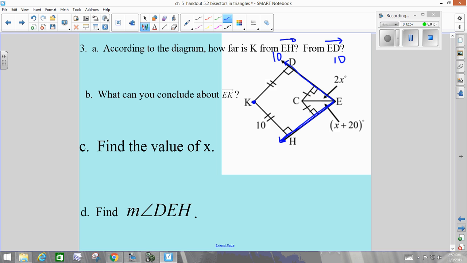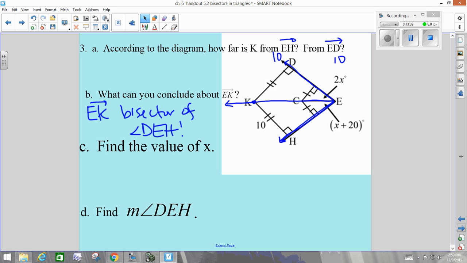Good. KH is congruent to KD, and if we said this is 10, then this one has to be 10. So, since K is equidistant to both sides here of the ray, what can you conclude about ray EK? Good. EK is a bisector of angle DEH.